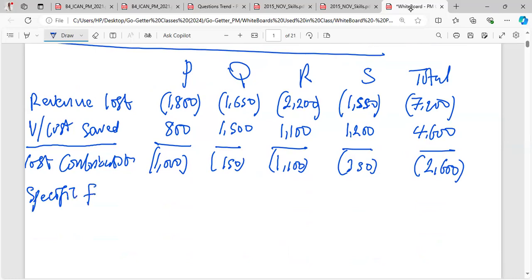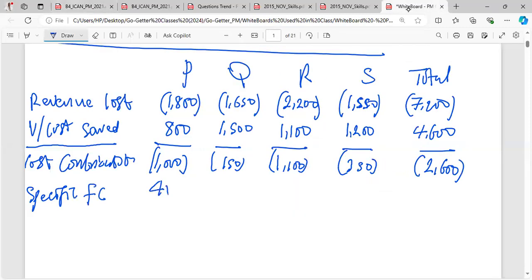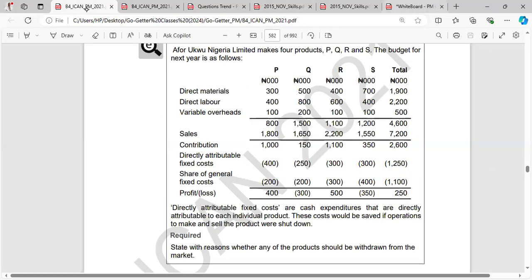We are going to save the specific fixed costs, which are 400, 250, 300, 300. So that means you are going to save these costs.